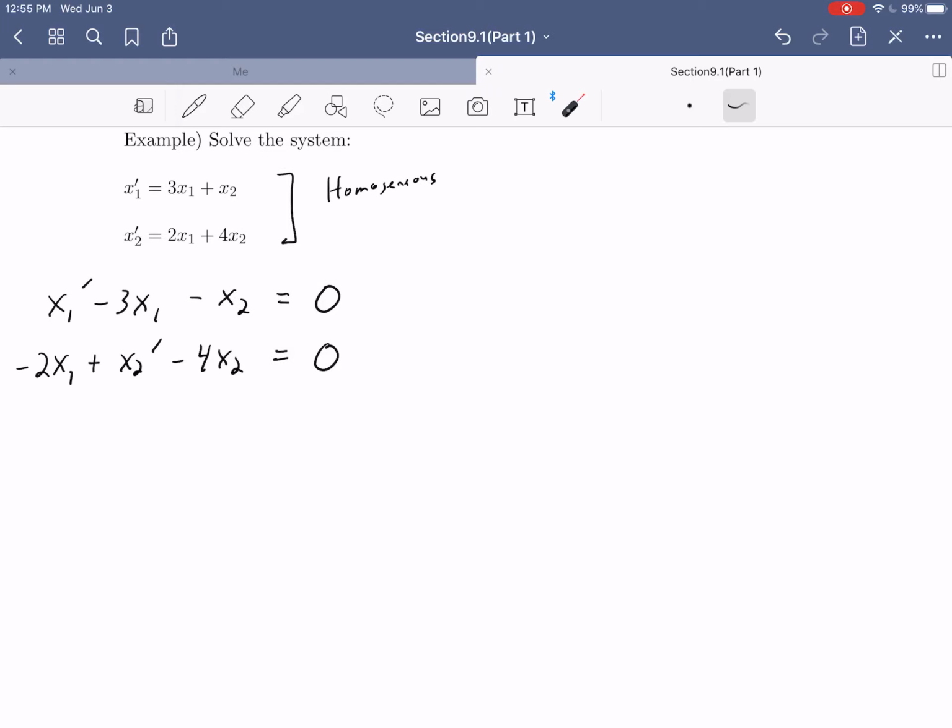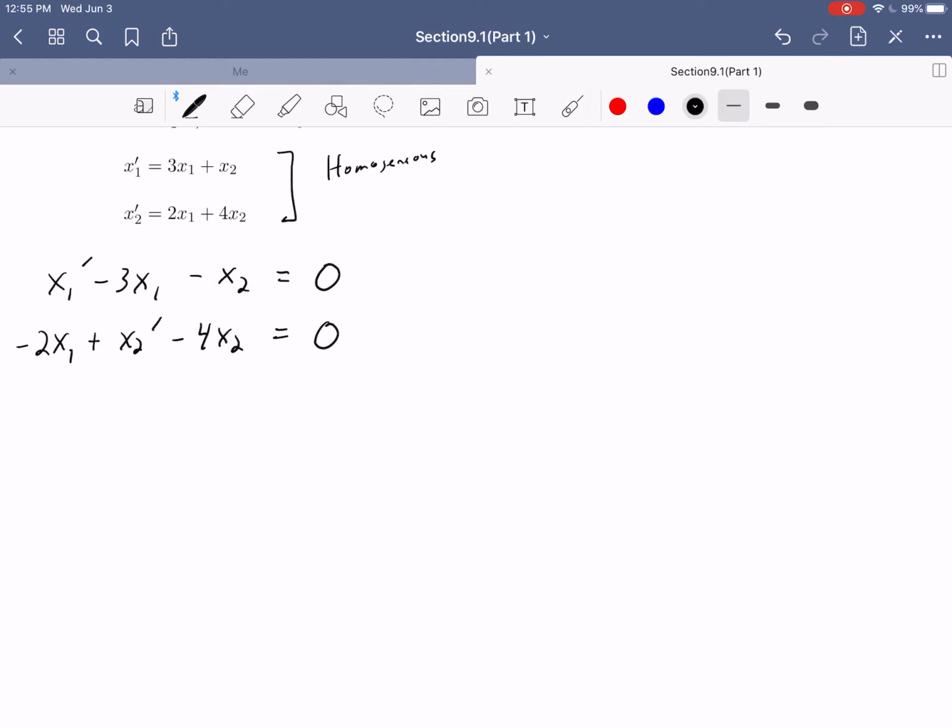Okay, now, we also have that nice differential operator notation, so let's write that to help understand this a little bit better. So let's review this as D minus 3 of x1. D minus 3 of x1 is exactly equivalent to the derivative of x1 minus 3x1. And then minus x2 equals 0. Just a nice way of viewing it.